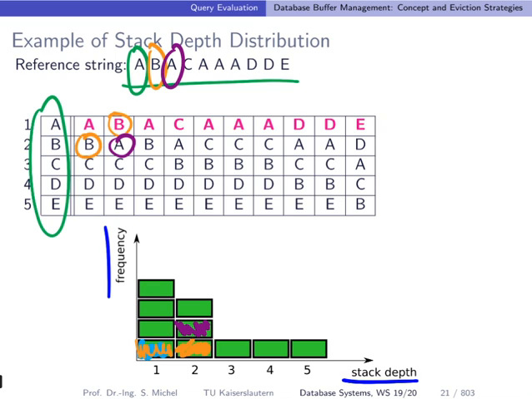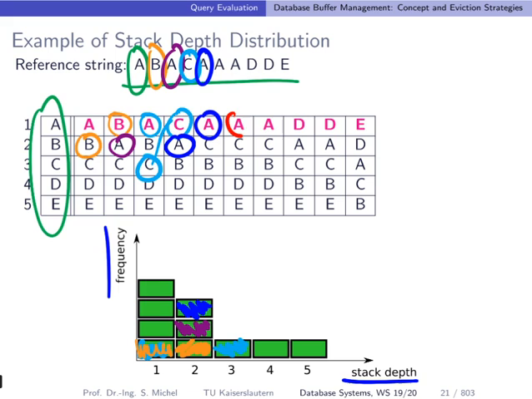Then C comes, and C was previously on position 3, so we take this measure for stack depth 3, and C obviously moves to the top position because it's a stack. Then we access A, so A moves to the top, and A was previously on position 2, so again we increment our counter for stack depth 2.